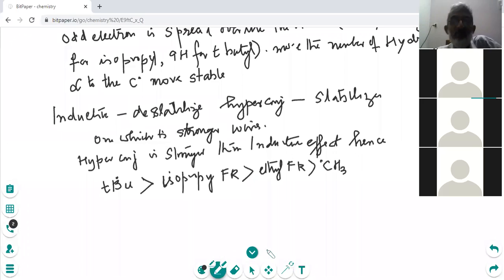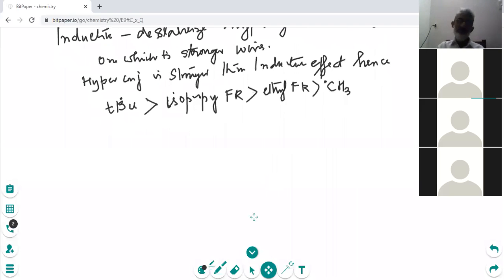Okay. Now think. So this is how you compare the stability of different species, and we have already discussed carbocation and carbanion. Okay, justify. This is a work for you. You have to do it.